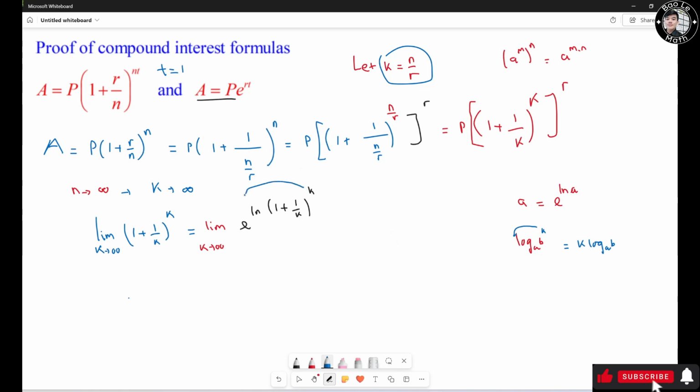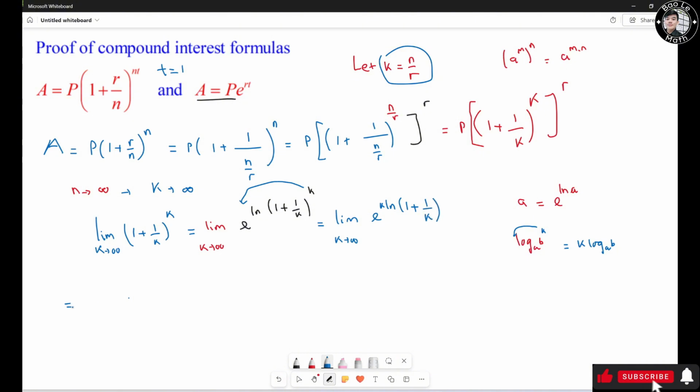So I can bring k to the front. This turns out to be the limit as k approaches infinity of e to the k times the natural log of 1 plus 1 over k.